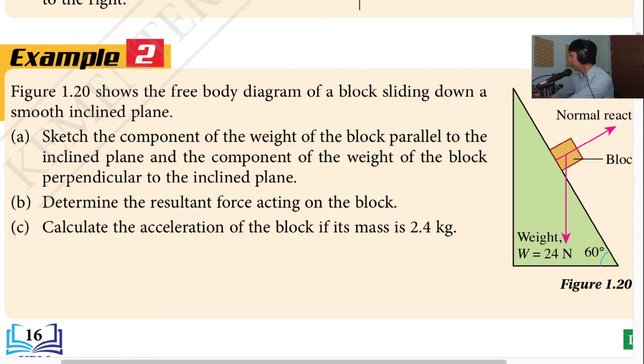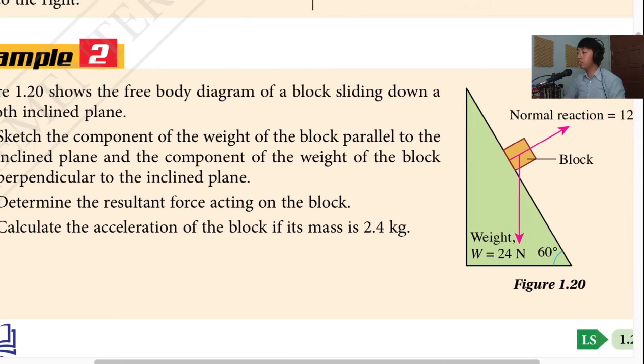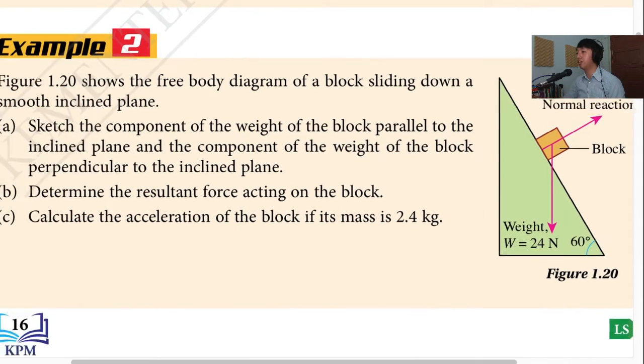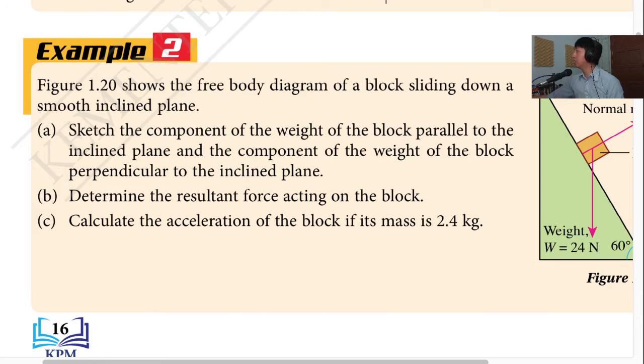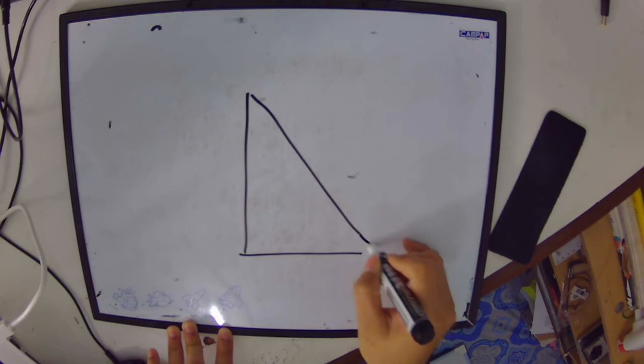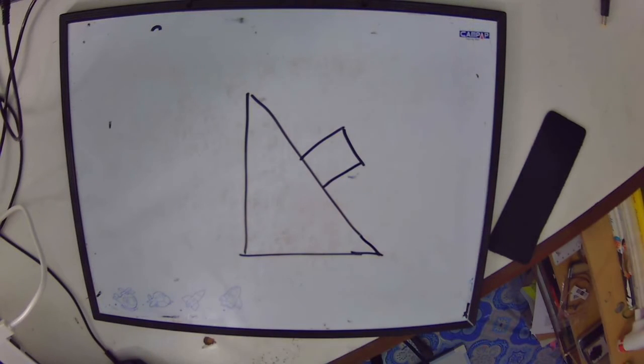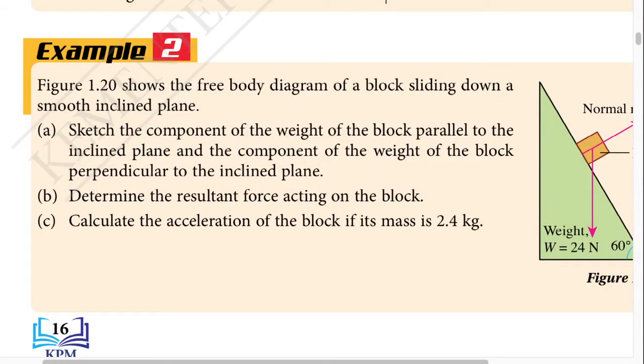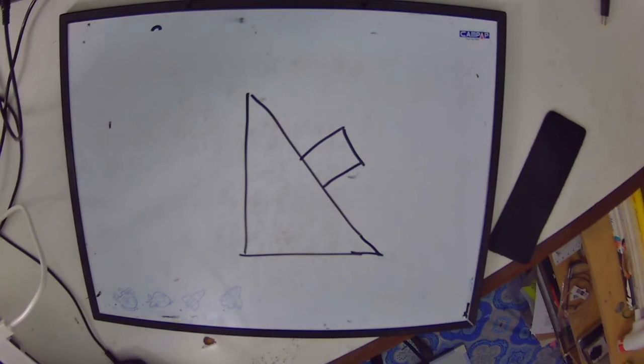So that can get a little bit confusing. Let's go through it one by one. In this kind of question, you have to make sure where is horizontal, because if you're not careful, you might end up with the wrong thing. This is a simplification of the picture, and we have the block. The component of the weight parallel to the inclined plane means in this direction.